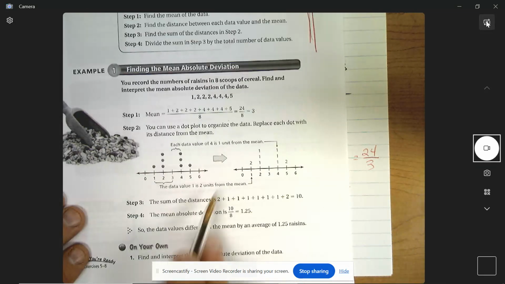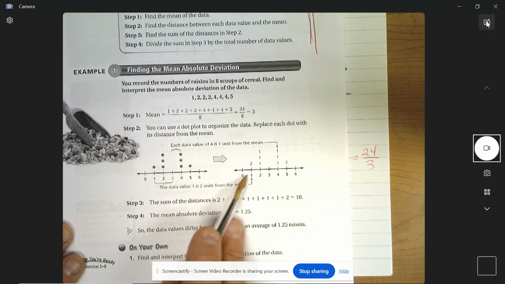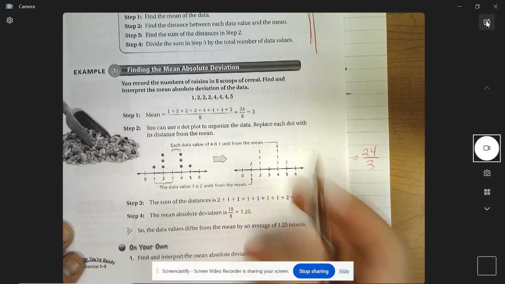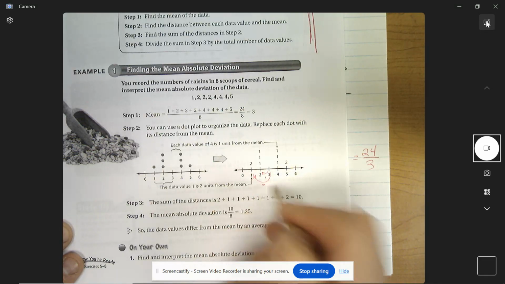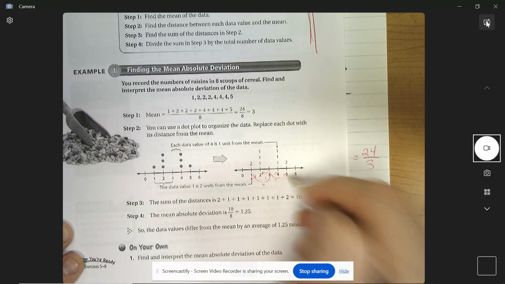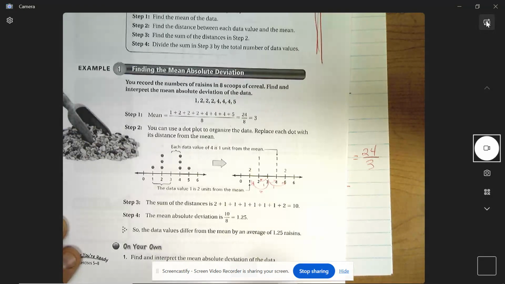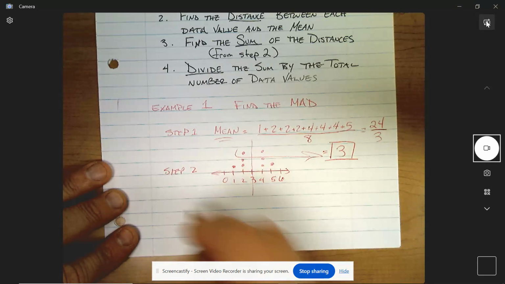So look at what we did. We're finding the distance from here, from there. So how far is it over here? It's 1 away. How far is this one? It is 2 away. How far is this one? It is 1 away. How far is this one? It is 2 away. So these are all distances. Distance from. So step 3.